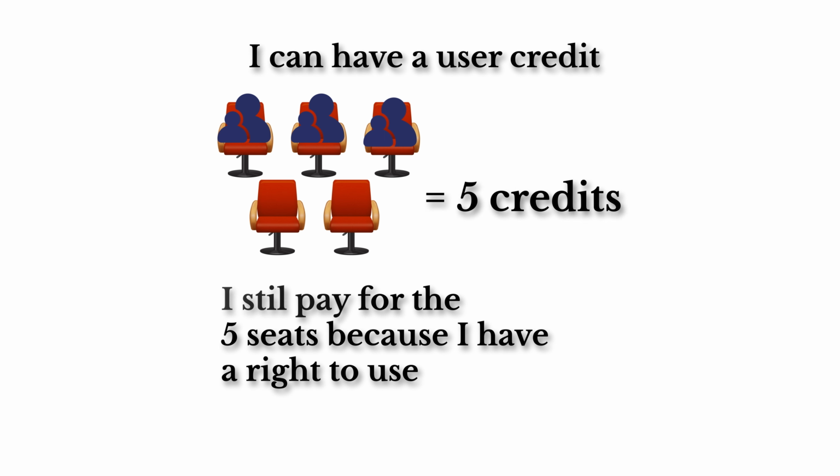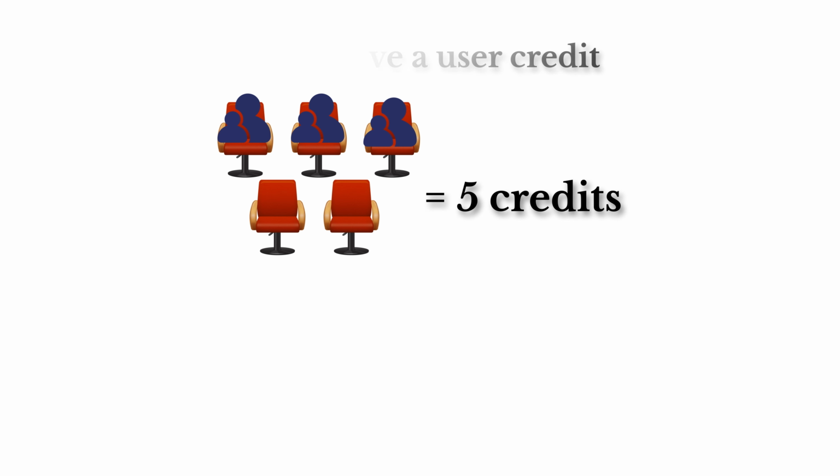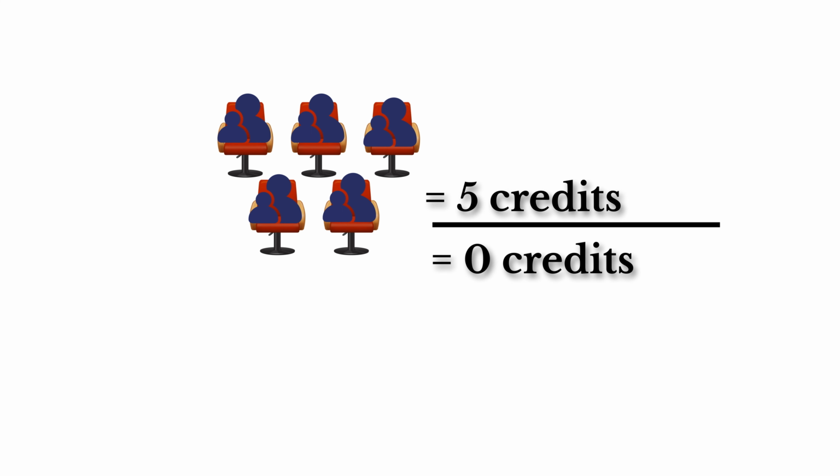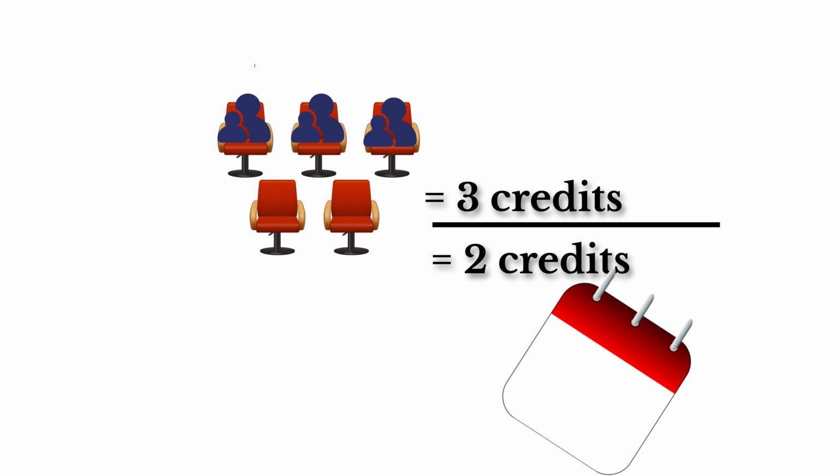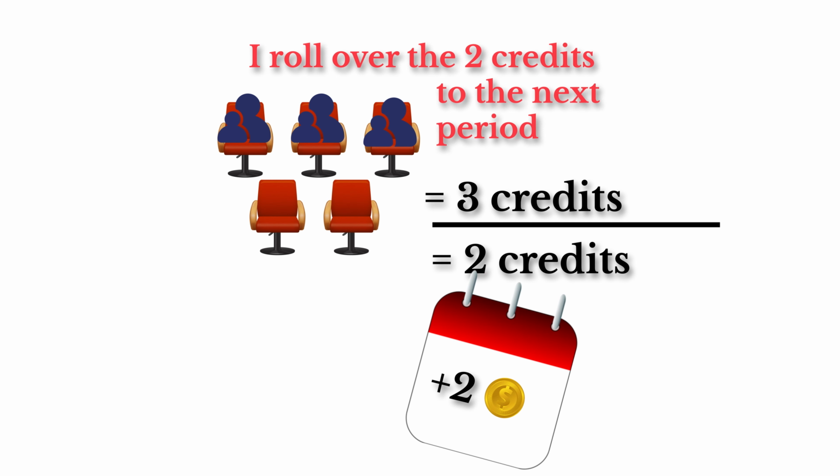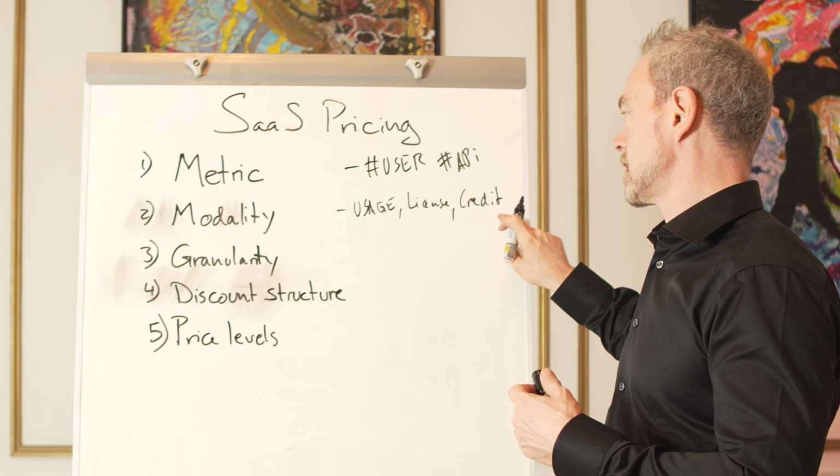Or I can have a user credit, so let's say every month I pay for 5 seats and then we count how much I use, and if I use all 5, then my balance goes to 0, but if I use only 3, then I roll over 2 credits to the next period that I haven't used. So it's a credit-based modality here.